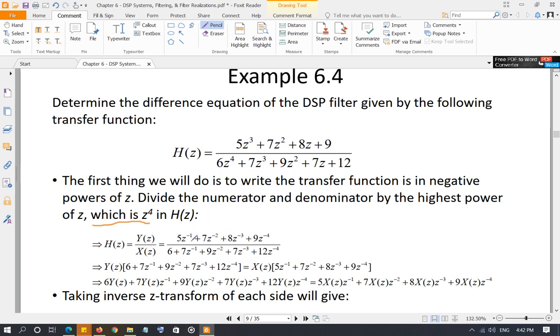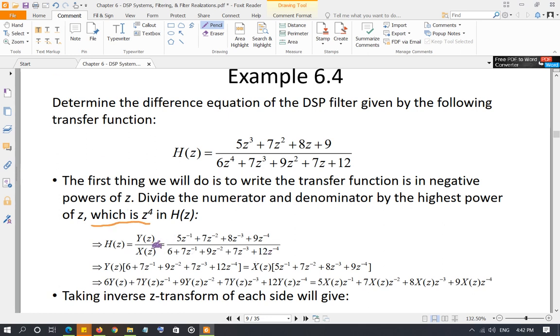So you are going to get 5z inverse plus 7z to the power negative 2 plus 8z to the power negative 3 plus 9z to the power negative 4. And in the denominator, I'm going to get 6 plus 7z to the power negative 1, 9z to the power negative 2, 7z to the power negative 3, and 12z to the power negative 4. So now everything is in negative powers of z.